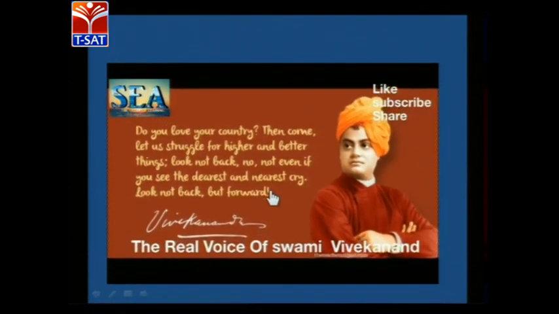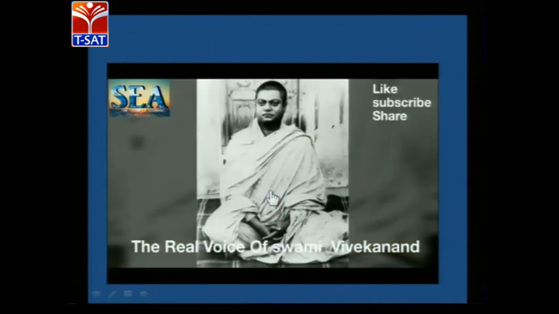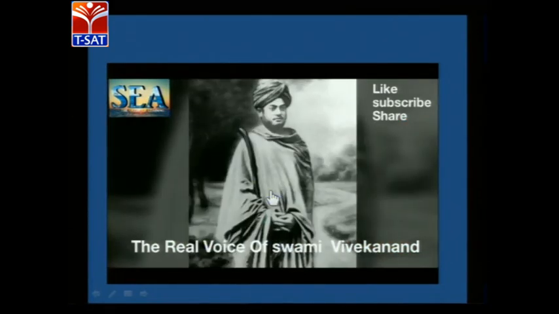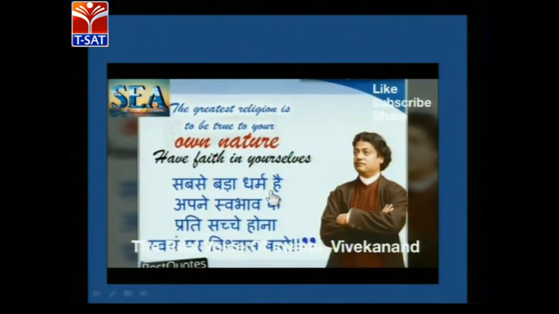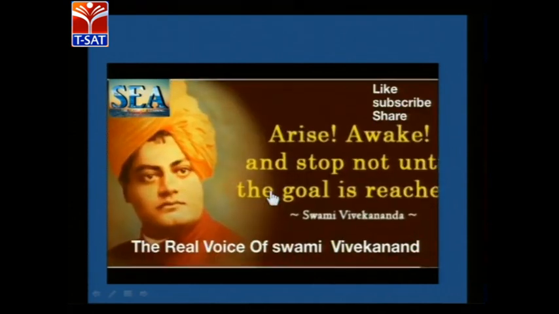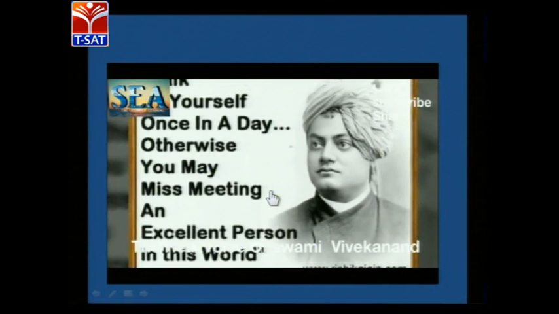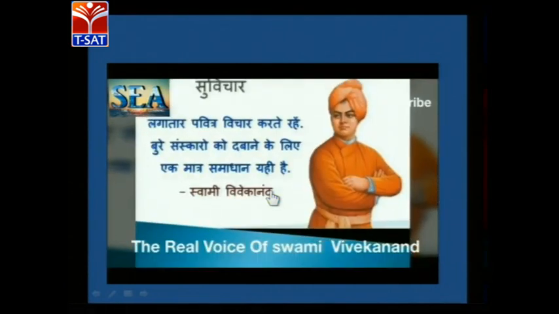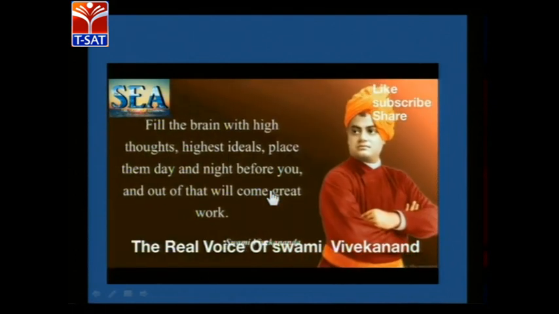We believe not only in universal toleration, but we accept all religions as true. I am proud to belong to a nation which has sheltered the persecuted and the refugees of all religions and all nations of the earth. I am proud to tell you that we have gathered in our bosom the purest remnant of the Israelites who came.